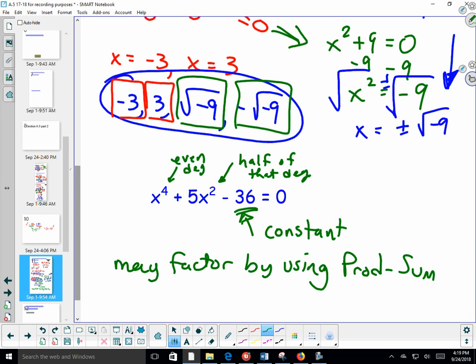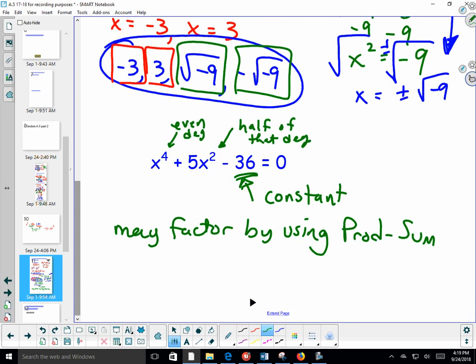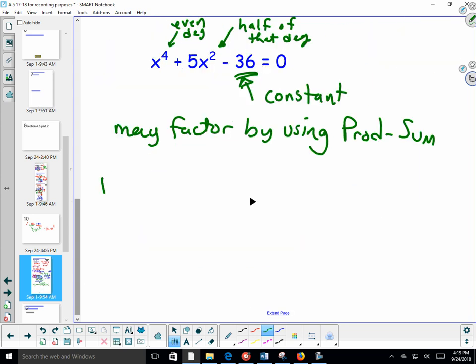So let's test it out. If I want to factor this, the product is 1 times negative 36, that's negative 36, and the sum is the coefficient on the x squared term in this case, so that's 5. And so what two numbers will multiply together to give me negative 36 and add up to 5?